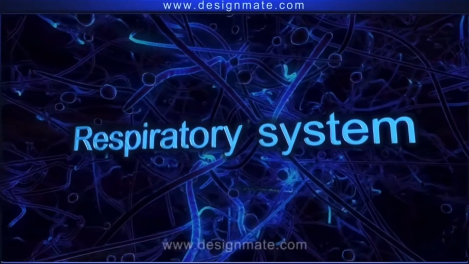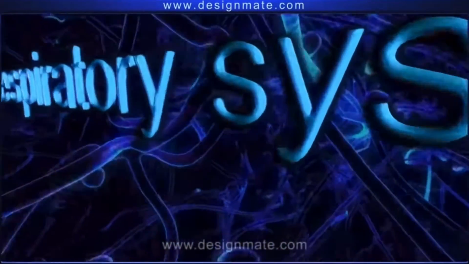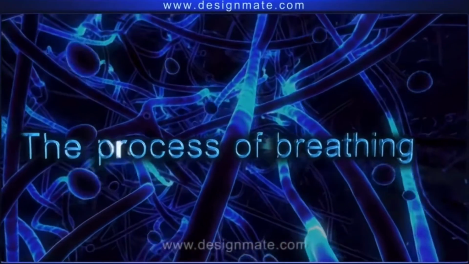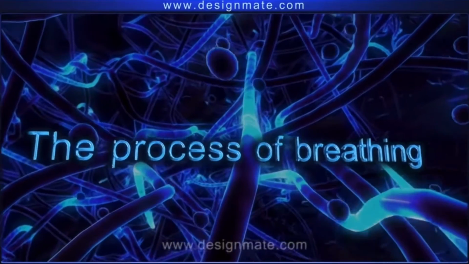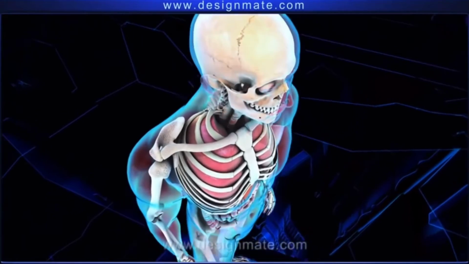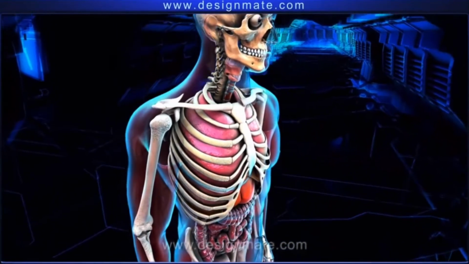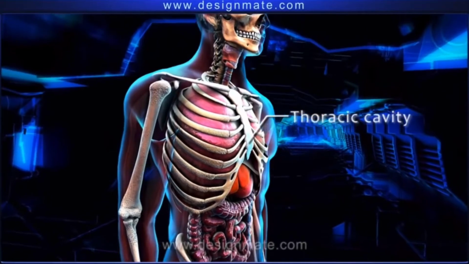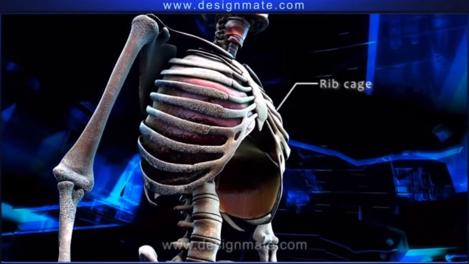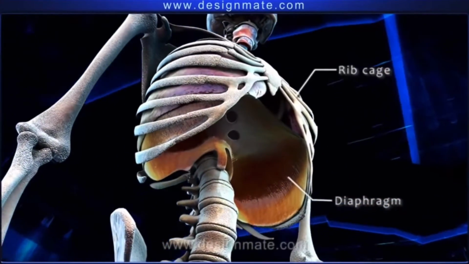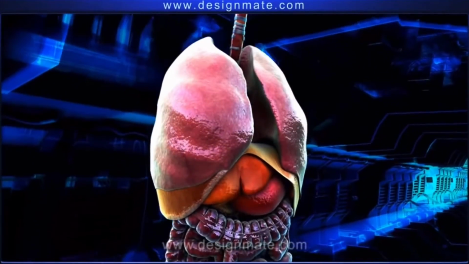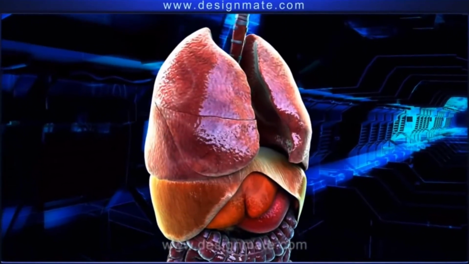Respiratory system. To understand the process of breathing, in humans, the main organs responsible for respiration are present in the thoracic cavity. In the thorax region, the rib cage and a dome-shaped fibrous tissue known as the diaphragm are observed. Present within the rib cage are the pleural membranes which enclose the lungs.